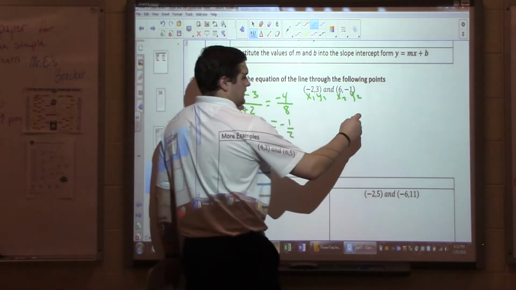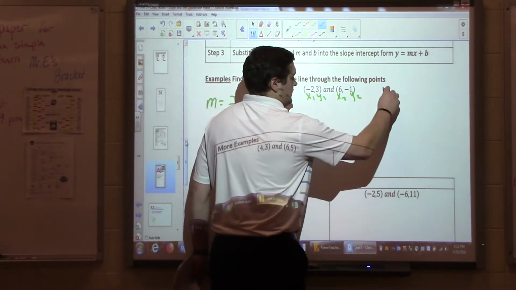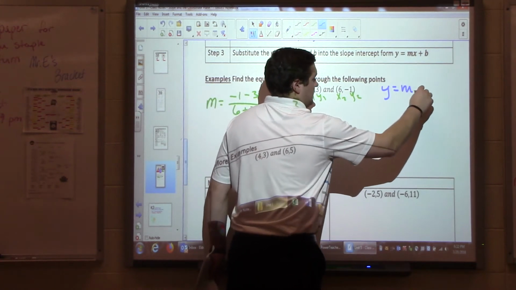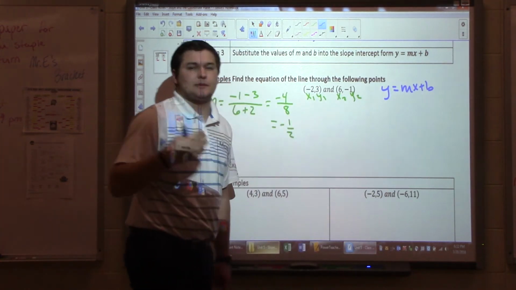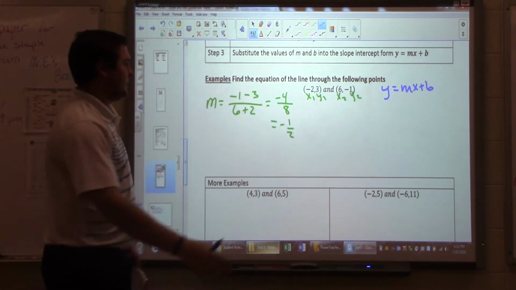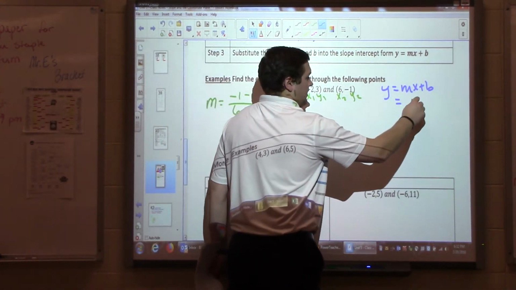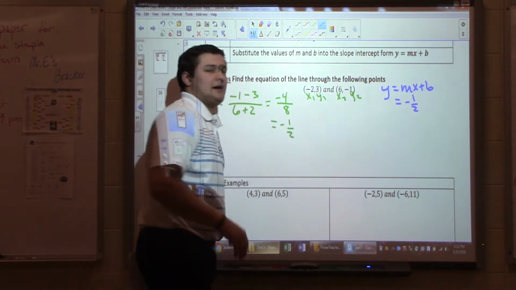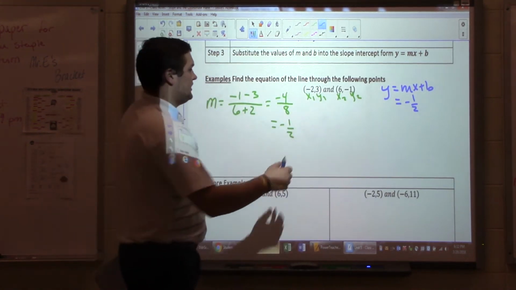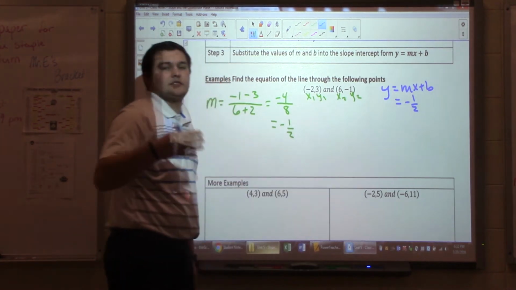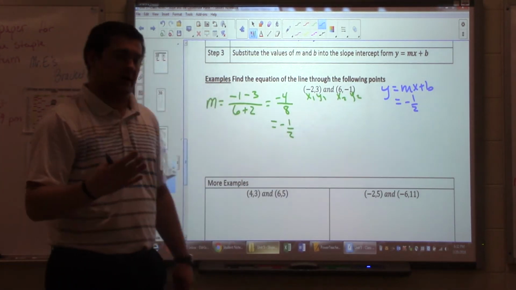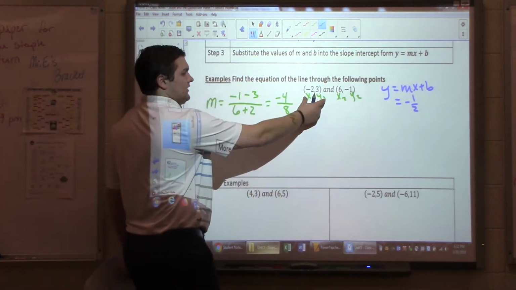So if I have y equals mx plus b, I'm going to plug in my m, or negative 1/2, and then I'm going to plug in either of my 2 points, right? x1, y1, or x2, y2. I'm plugging them in for x and y. I'm going to use the first ones, negative 2, 3.